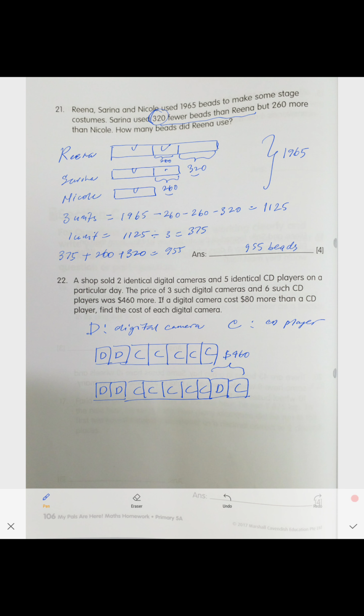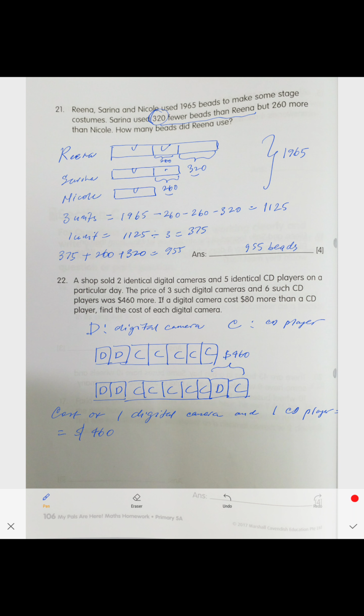Now we know that the cost of 1 digital camera and 1 CD player is equal to $460. And now the last sentence comes into play. If a digital camera costs $80 more than a CD player, find the cost of each digital camera.